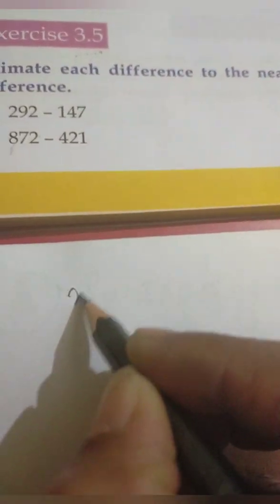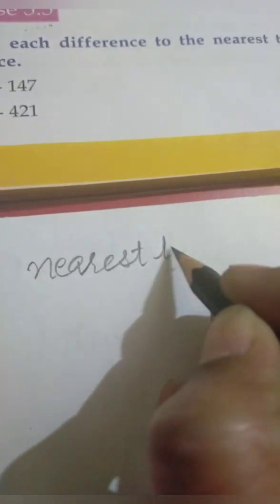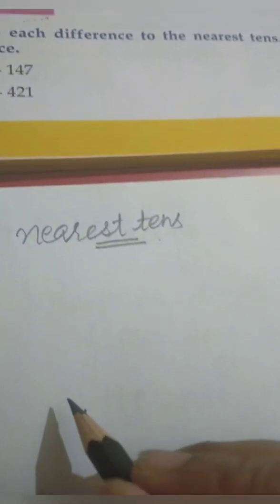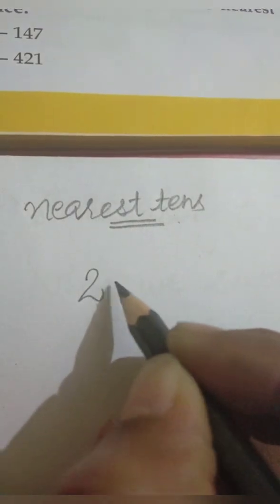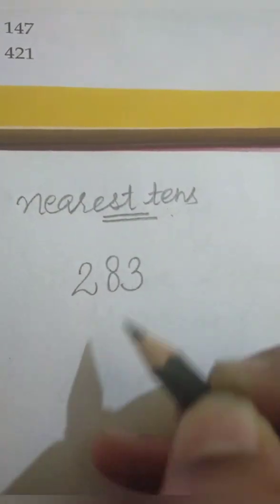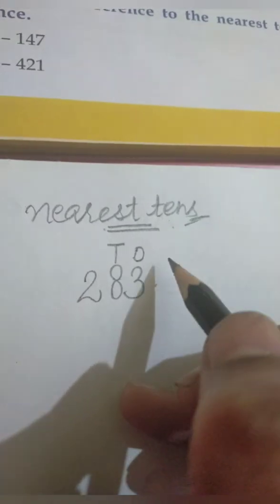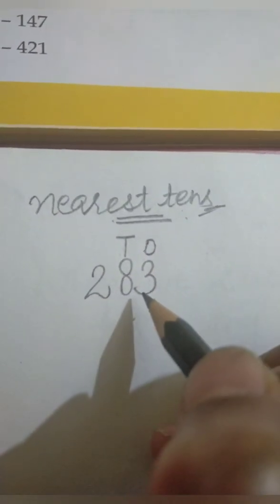If we are going to estimate to the nearest tens, then how to estimate? As I have told you, there are 3 steps regarding this. For example, you have to estimate 283 to the nearest tens. Here ones, tens. Up to the nearest tens we have to estimate, so we will write the places up to tens only.